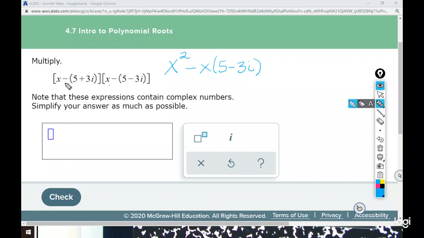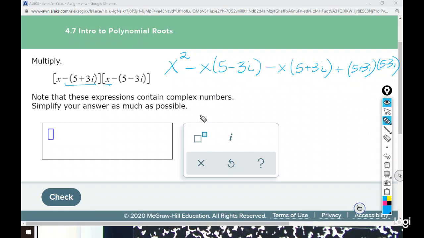So that would be including its sign and x. Well, that's a minus x times, in this case, 5 plus 3i, isn't it? All right. And then my last. What's a negative times a negative? And I would have 5 plus 3i times 5 minus 3i. Okay. Doesn't that look like fun? A blast? Loving it already? Okay.